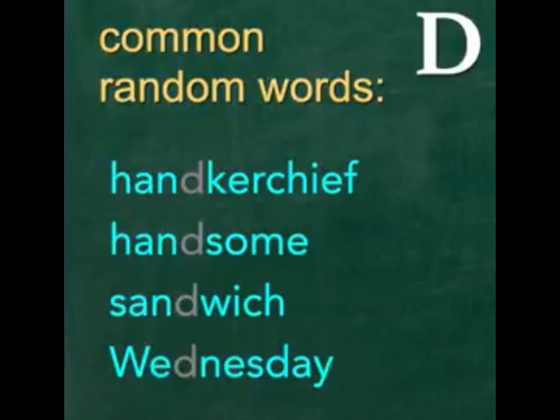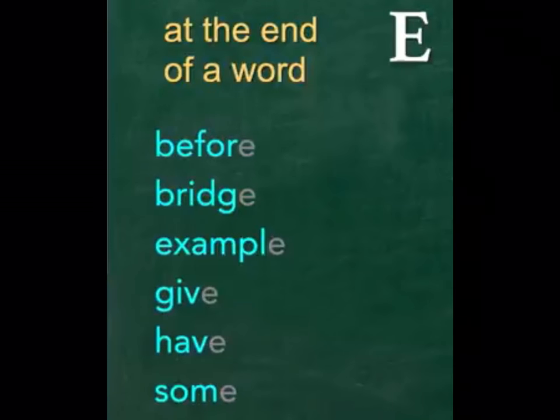We don't say sand-wich, we say sandwich. And we have Wednesday. We don't say Wed-nes-day, we say Wednesday. The D is silent in all of these words: handkerchief, handsome, sandwich, Wednesday.